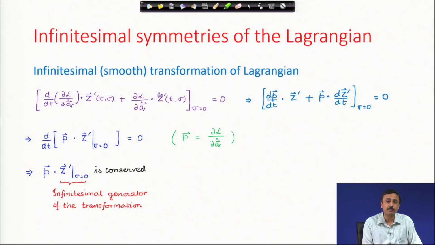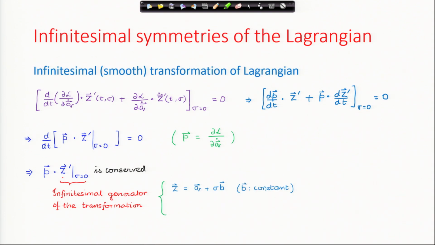You find out the generalized momentum, dot it with the infinitesimal generator of that symmetry transformation. Z prime at sigma equal to 0 is the infinitesimal generator of the symmetry transformation. Then that quantity is conserved. For example, if z is q plus sigma b, what is the infinitesimal generator of this transformation?